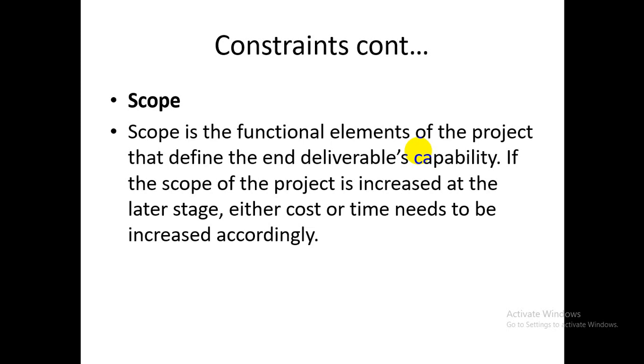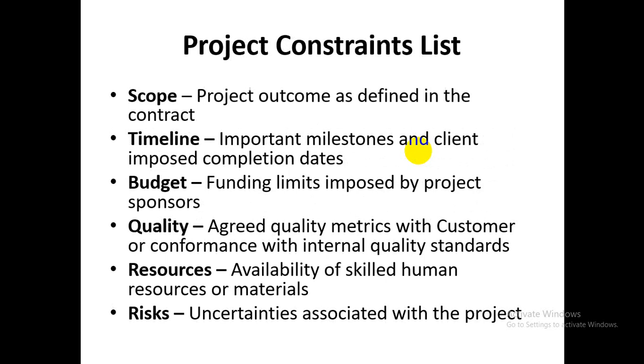And if the scope of the project is increased at a later stage, either the costs or time need to be increased accordingly. I think that one is very clear. Here we have tried to summarize project constraints, where we talked about scope, timeline, budget, quality, resources, risks, and so on and so forth. You try to research about them.